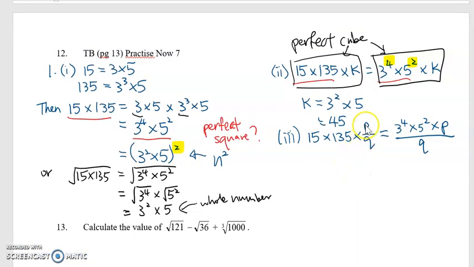If I multiply by a fraction, 15 is 15 over 1, 135 is 135 over 1, so I can combine: 3 to the power of 4 times 5 squared times P over Q. Now I want to make this a perfect cube.